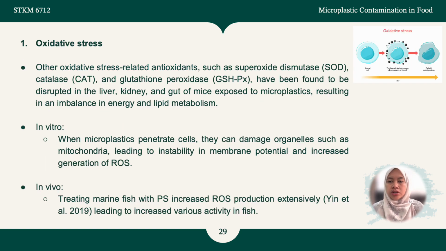Oxidative stress is one of the mechanisms of action of microplastic toxicity. Other oxidative stress-related antioxidants such as SOD, CAT, and glutathione peroxidase have been found to be disrupted in the liver, kidney, and gut of mice exposed to microplastics, resulting in an imbalance in energy and lipid metabolism.